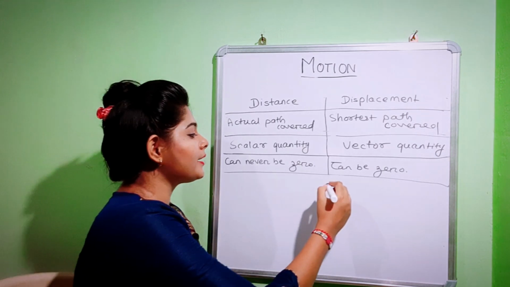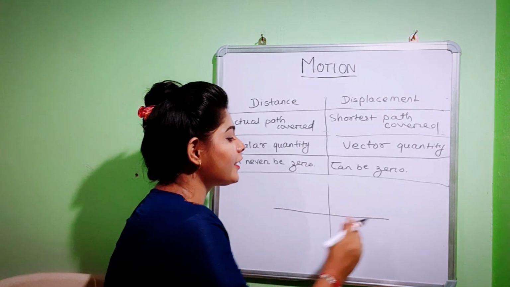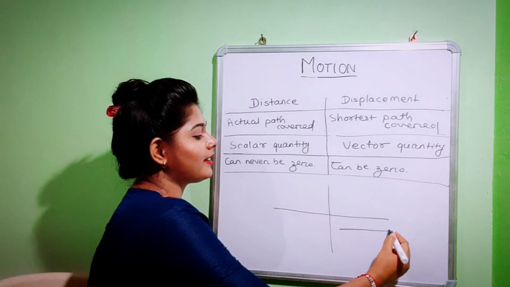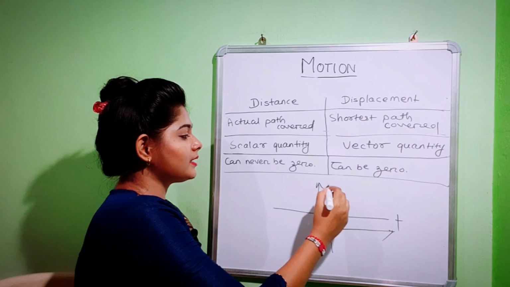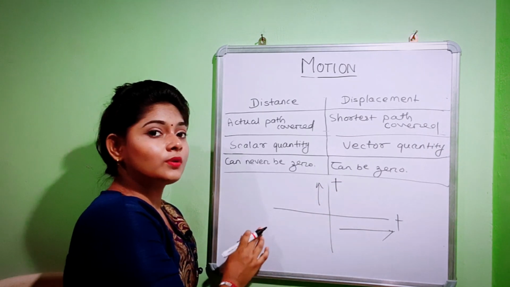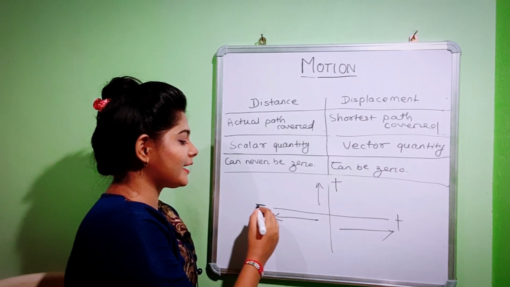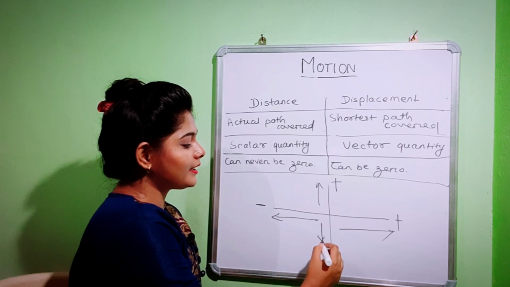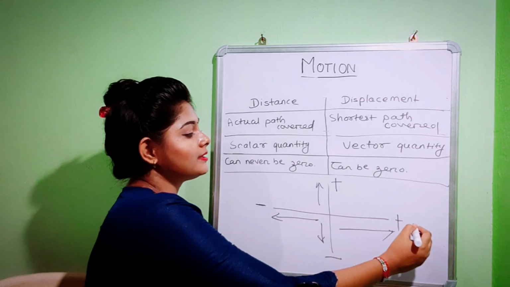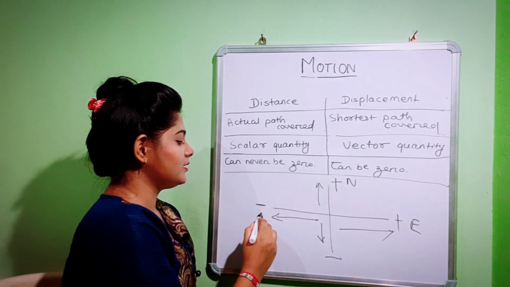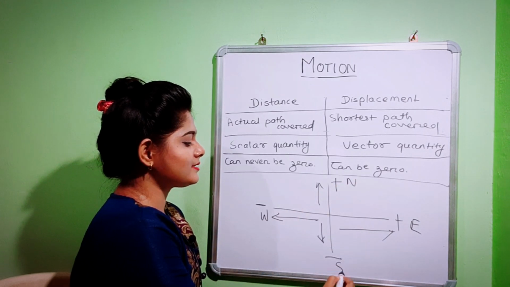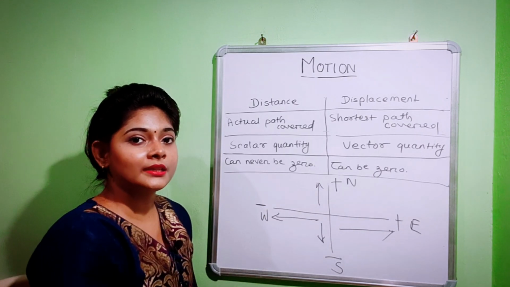We know in our coordinate system, if we move towards right, then that is positive. Move upward, then that is also positive. Move towards left, it is negative, and downward also it is negative. That is, this is east, north, this is west, and this is south. So here the directions are there.